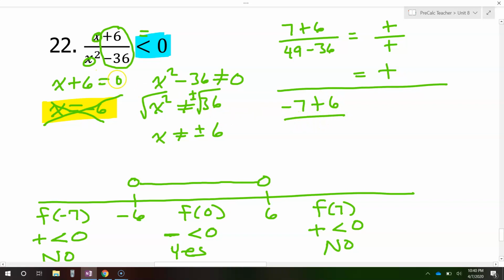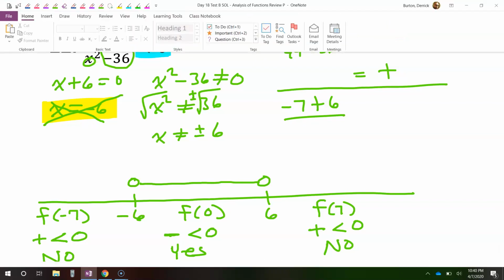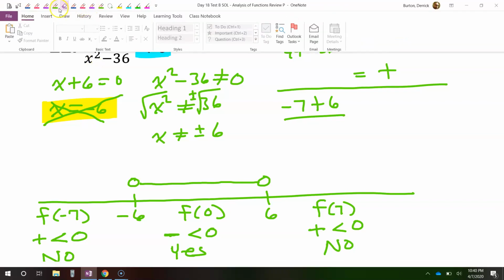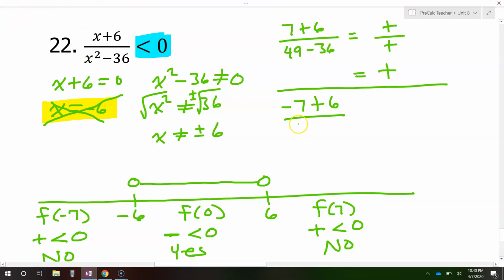Okay, but if I put negative 7 squared, let me erase these marks here for a second. If I put negative 7 squared, that's still positive 49, minus 36.